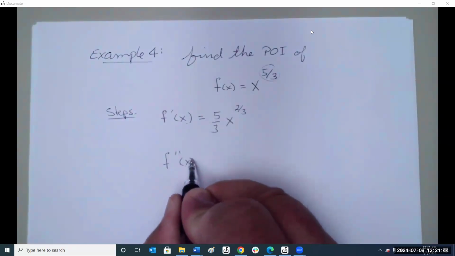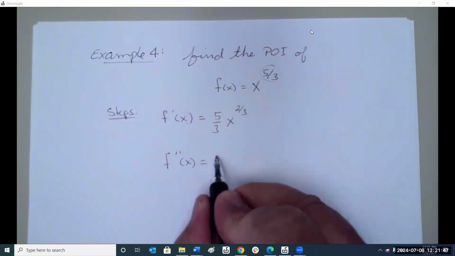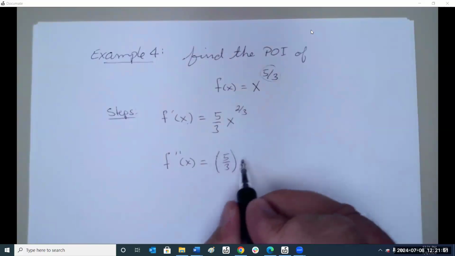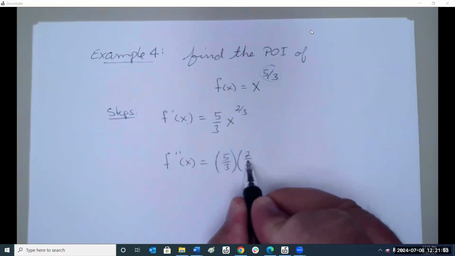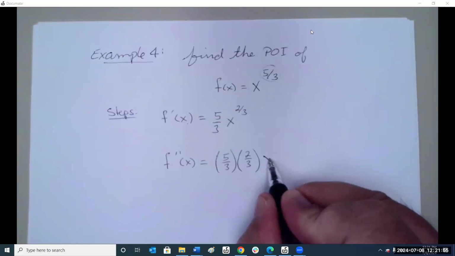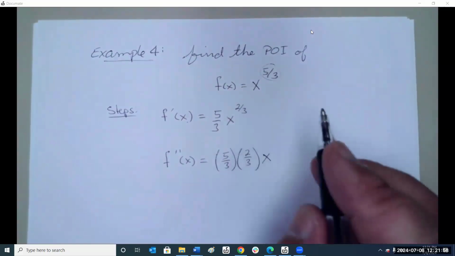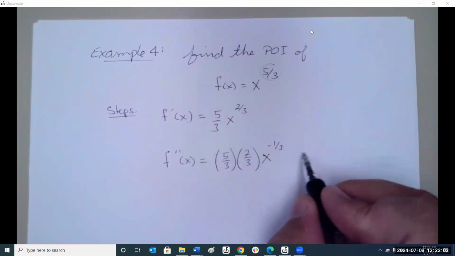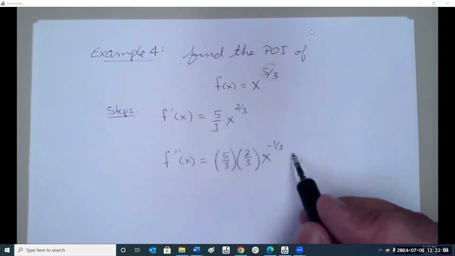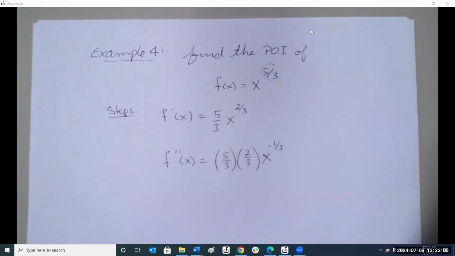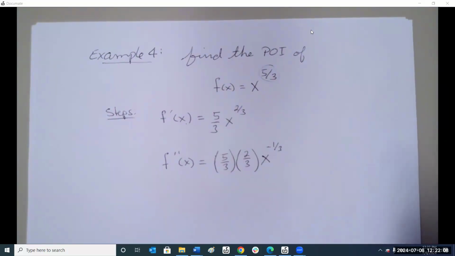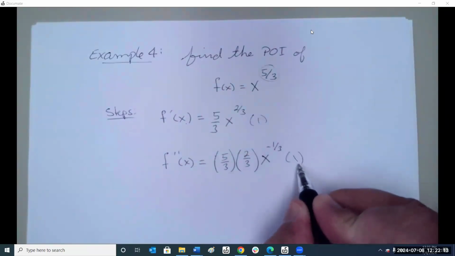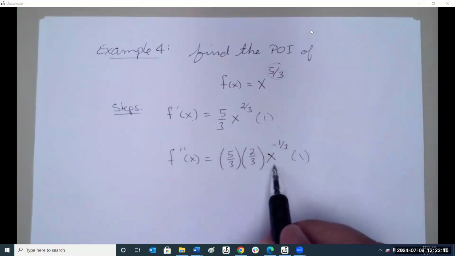Then we got to find the second derivative. We have 5/3 in front. Bring the power down and subtract 1. So 2/3 minus 3/3 is negative 1/3. Times the derivative of x, which is 1, because that's the derivative of the x.